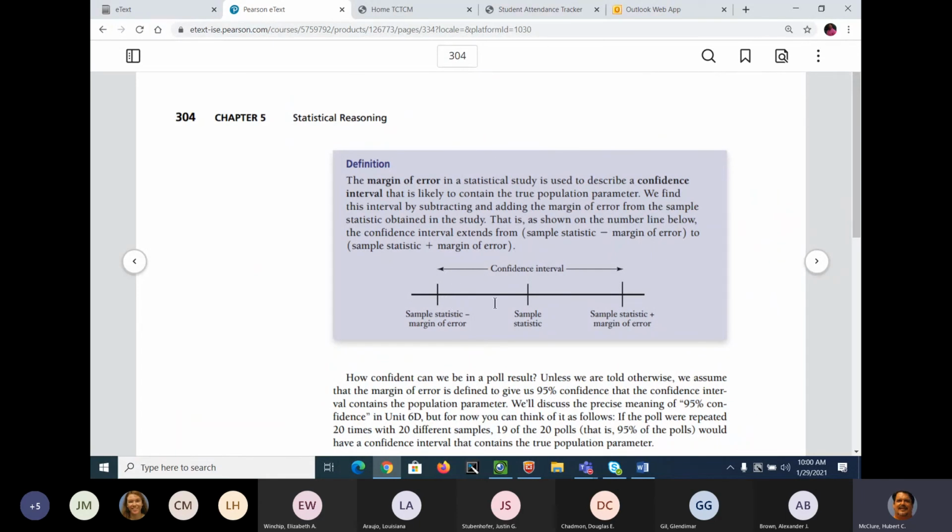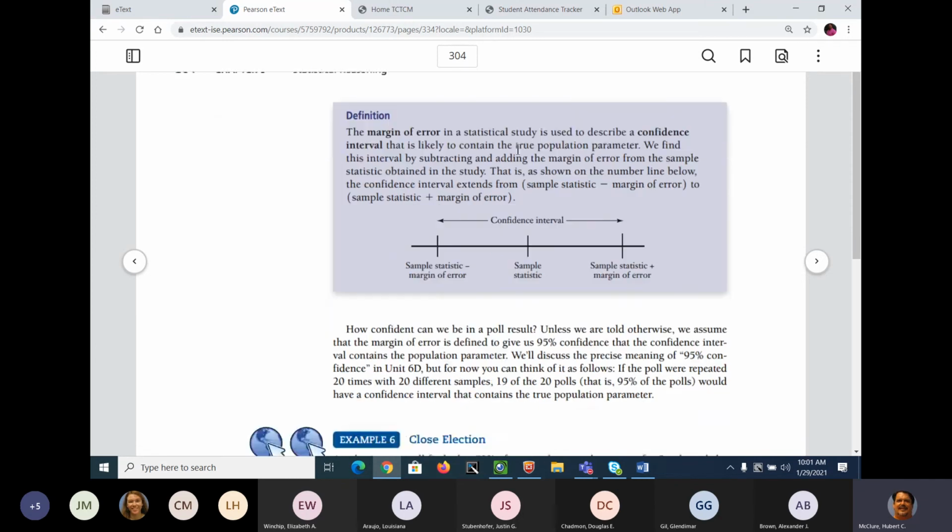The sample statistic is right here. If the margin of error is 3 points, 3%, you're going to add 0.03 this way, and subtract 0.03 this way. You add on the right, you subtract on the left. I'll give you a couple of examples as we go into the homework and people send questions.